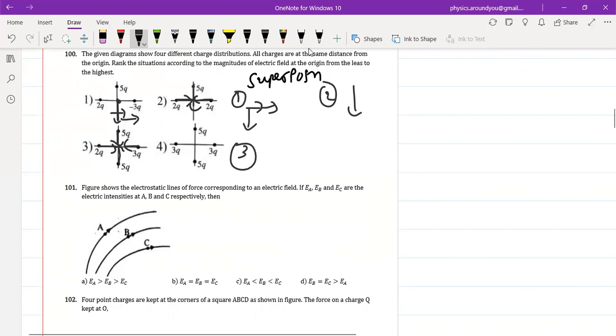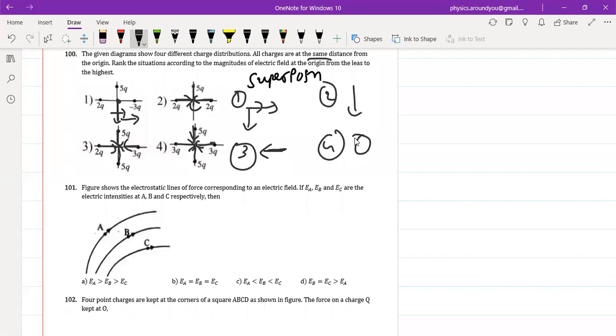They're given in the question. All charges are the same distance. Therefore, 3q field will be stronger than 2q. So the net field will only be in this direction. The vertical field cancels. What about this case? This case is legendary because all the arrows cancel. You can see same charges, same distance, all the arrows cancel.